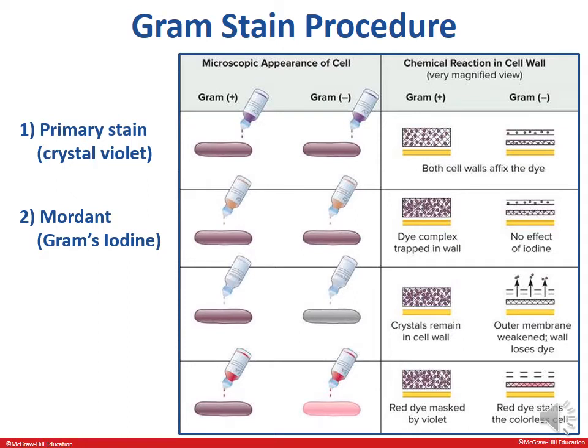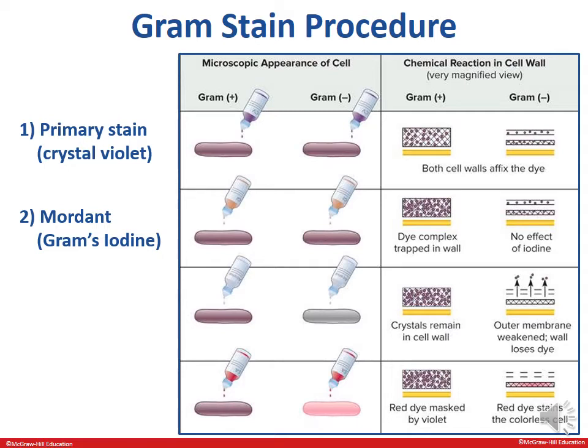Then you end up with what's called the CVI complex, or the crystal violet iodine complex. Now, the crystal violet was small enough that it could potentially be rinsed out of the cell, but the Gram's iodine creates basically a glue, and it helps keep that crystal violet adhered to the structures where the crystal violet is.